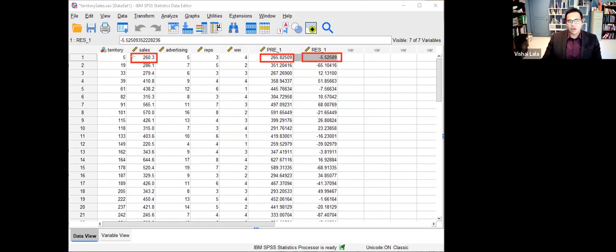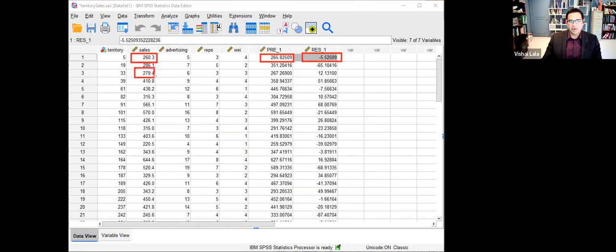So for the first one, our true value for sales was 260, and Pre-1, or our predicted value based on our equation, is 265. Res1 is -5.52, and so on.